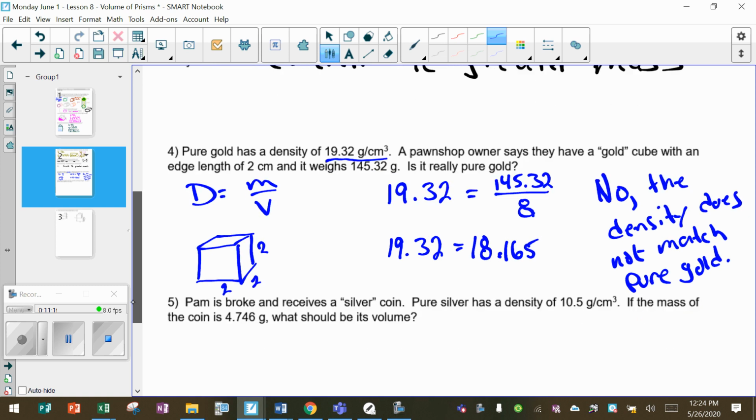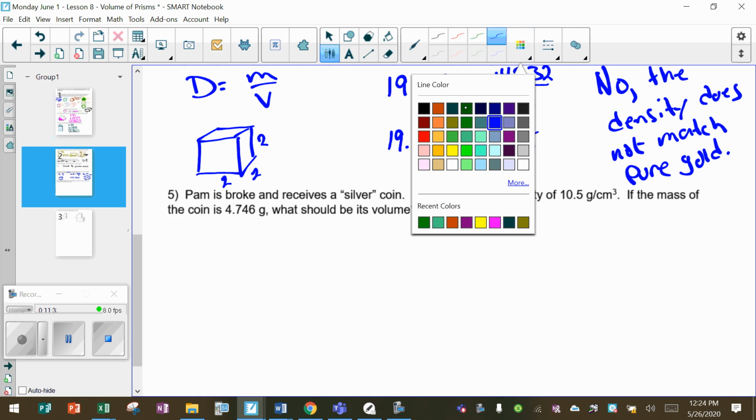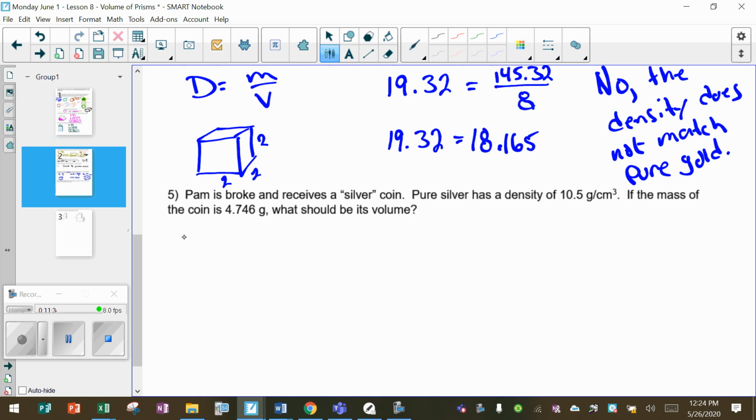So try a similar example with silver and Pam, and we'll see how you do. So you can pause it, you can try the problem, and then you can turn it back on and see how you did. So we are told that the pure silver has a density of 10.5 grams per cubic centimeter, and we have a coin that is 4.746 grams.